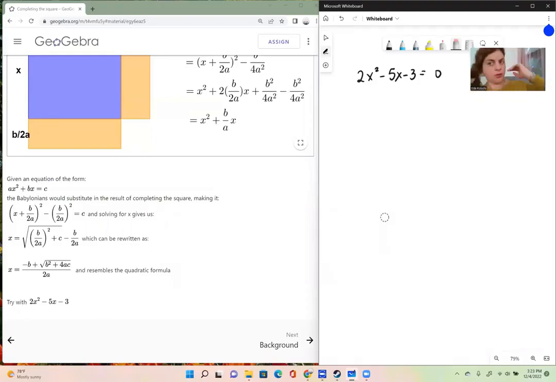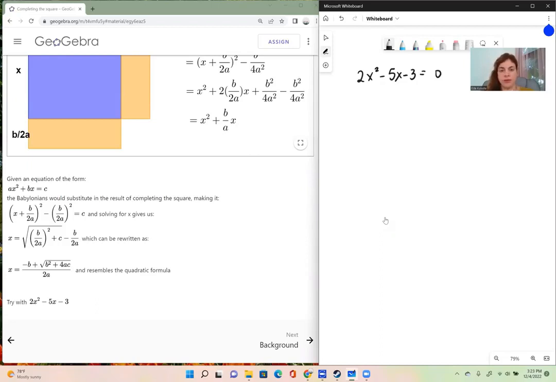Okay, so now we're going to try the Babylonian method when there is a coefficient other than 1 of the x squared term. So this would be beneficial for students who are not great with factoring when there's a leading coefficient other than 1. It's not a shortcut by any means.